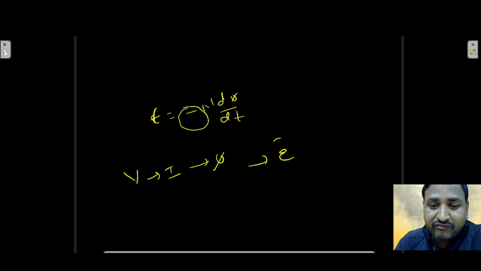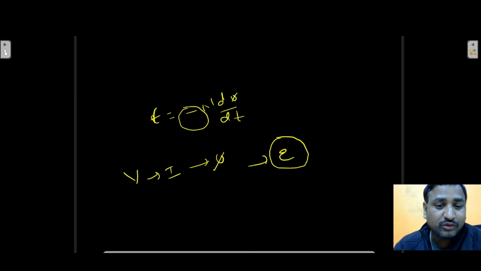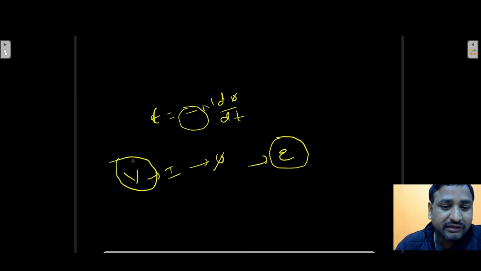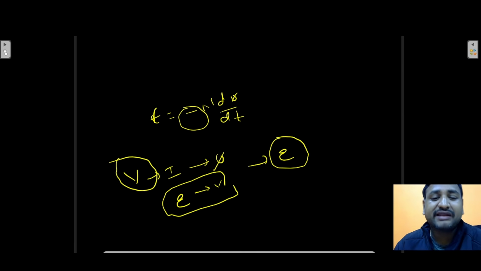It means the induced EMF which is produced by this voltage V, this E opposes V. So in this way, the direction of current or the direction of induced EMF is found by Lenz's law. It indicates direction.